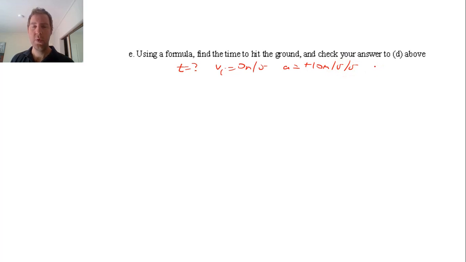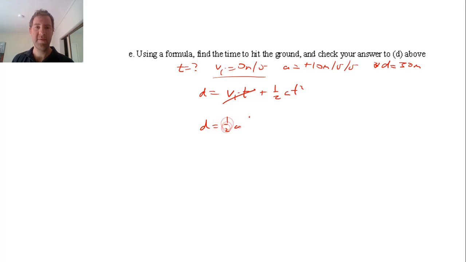I know displacement equals 30 meters. What formula has all these ones in it? D equals v_i t plus half a t squared, but initial velocity is 0, so that disappears. D equals half a t squared.